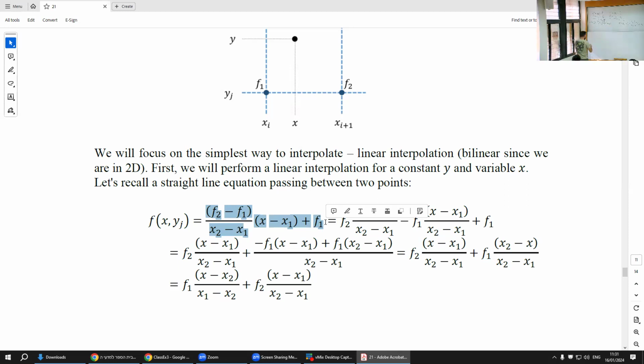Okay, so f of x, y, it's the same linear interpolation.